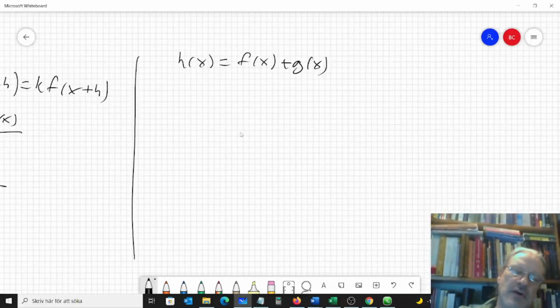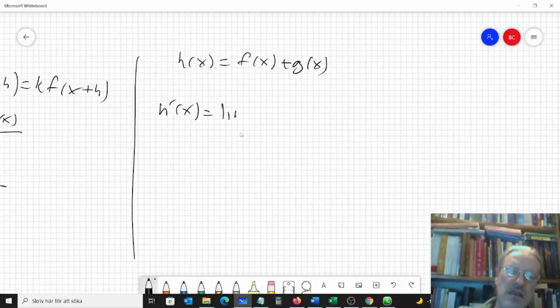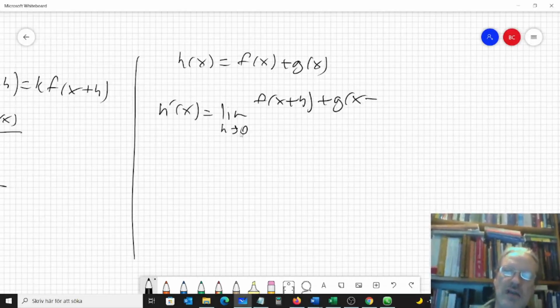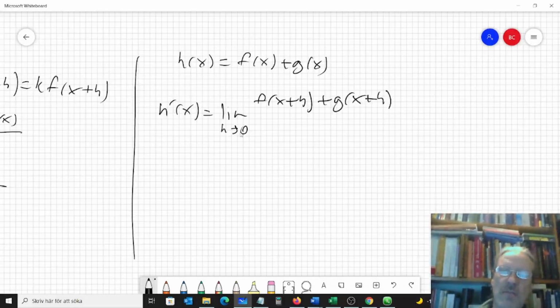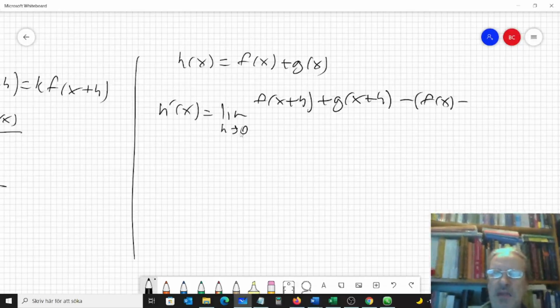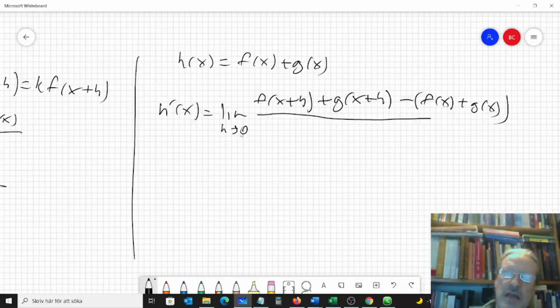That means that our derivative of h of x equals the limit as h goes to 0 of f of x plus h plus g of x plus h. So that is h of x plus h, right? Minus f of x plus g of x. And then we divide that by h.